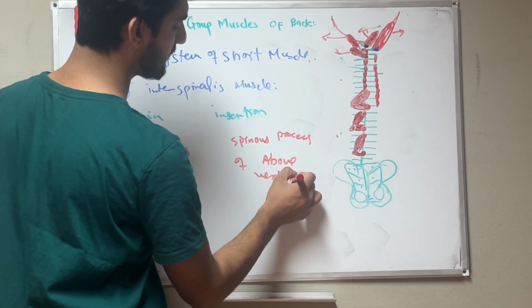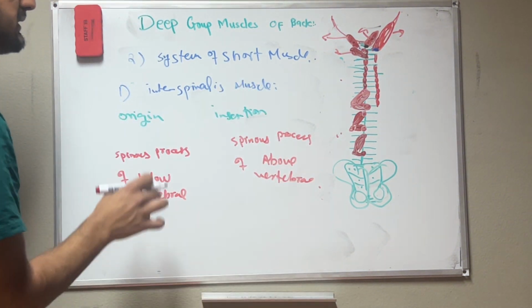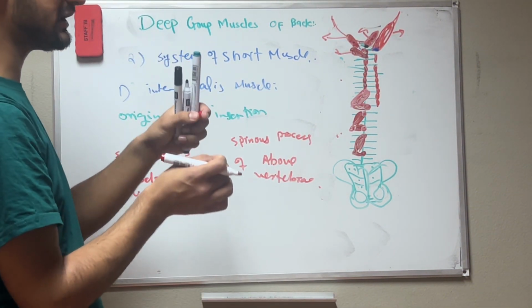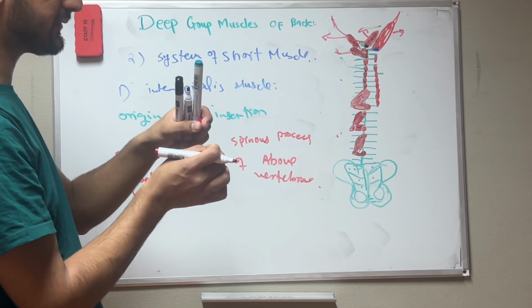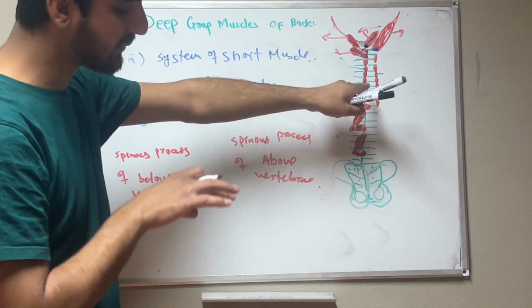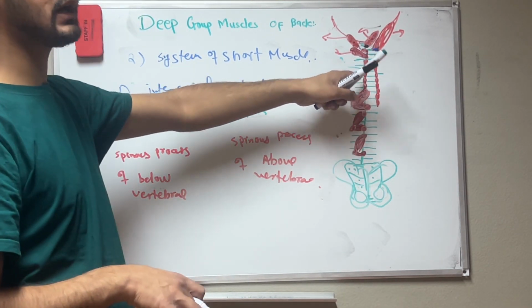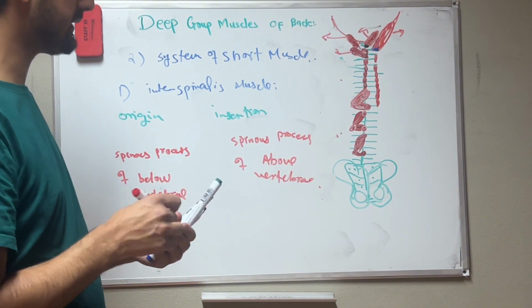Very simple. Okay, it means interspinous muscles are between the spine processes of each vertebra, originated from the below vertebra and inserted into the above vertebra's spinal process.